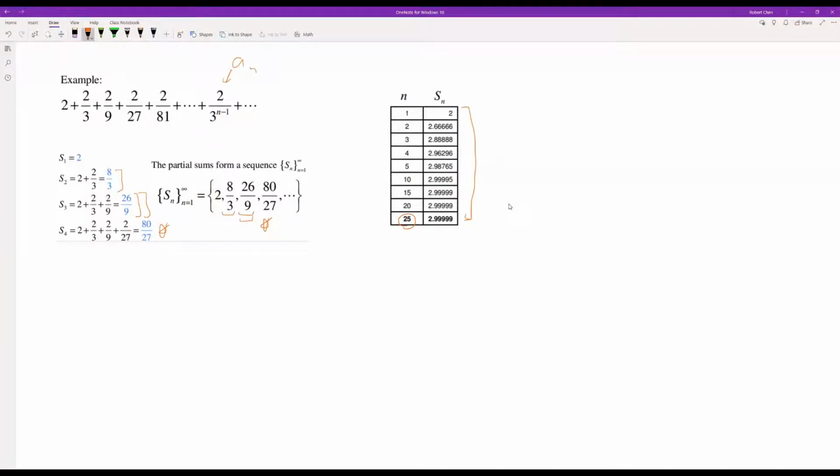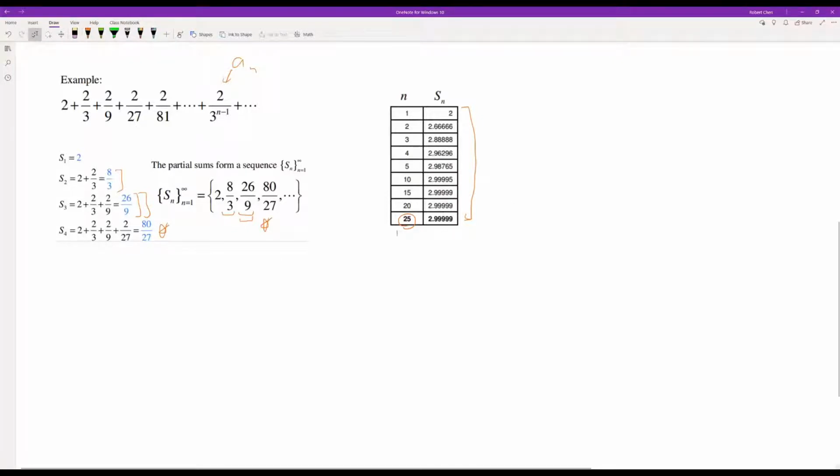So if we can come up with a way to find out what the infinite sum is, for example, in here, it looks like it's approaching 3. So maybe we can say the infinite sum is going to be 3. But we don't have time to go through all the work of adding everything together.